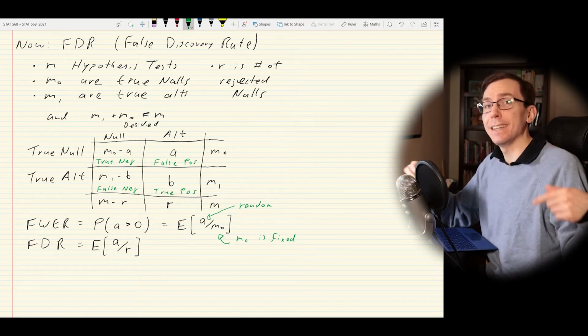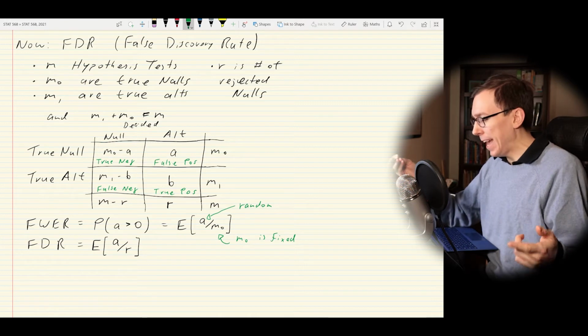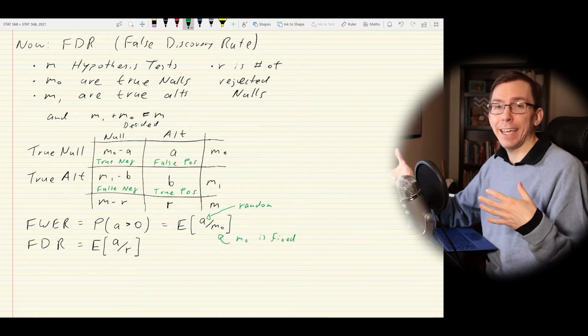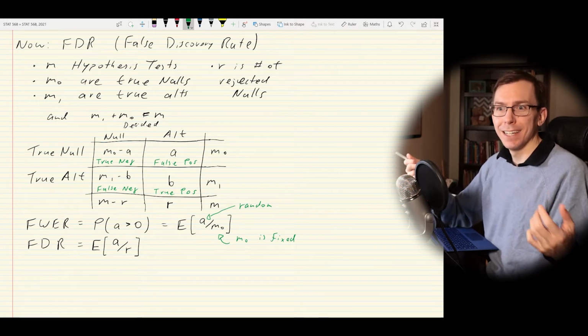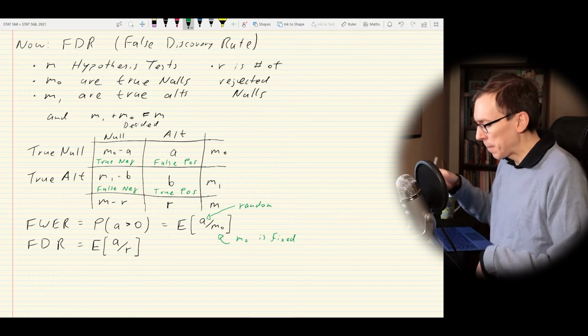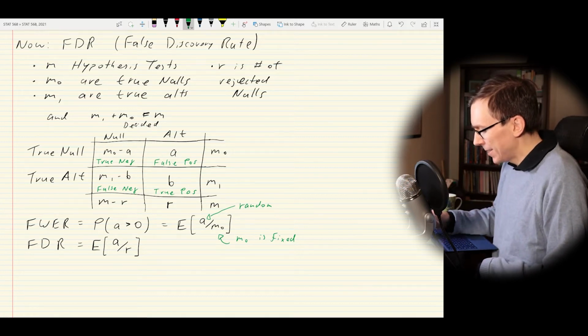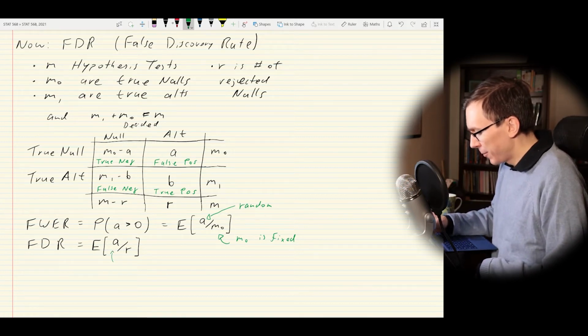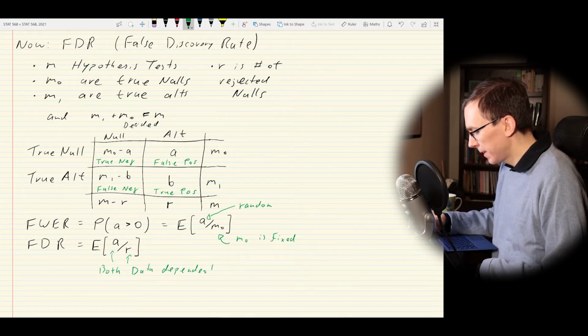And if we repeated this experiment again, M naught wouldn't change, but A very well could, depending on the newly collected data. Now that's in contrast to over here, where both of these, A and R, are both data dependent, i.e. random.